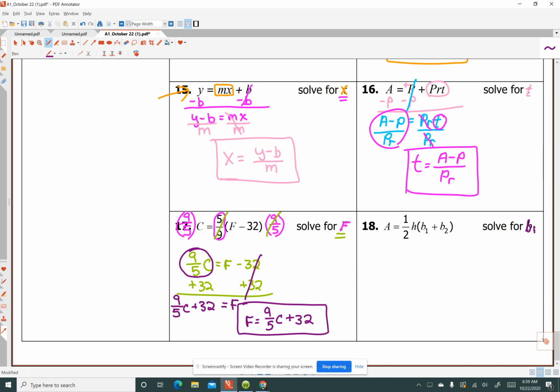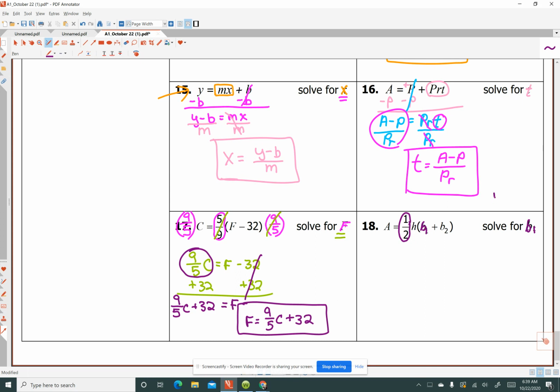So we want to solve for B1. And we have on the left side of the equation A, on the right side of the equation, 1/2 H times the quantity of B1 plus B2. Well, I think the first thing we want to do is deal with this fraction. So we're going to multiply by the reciprocal.